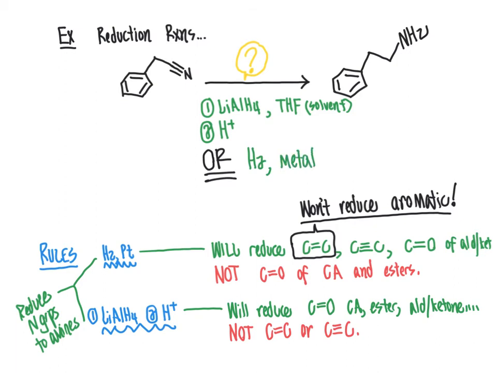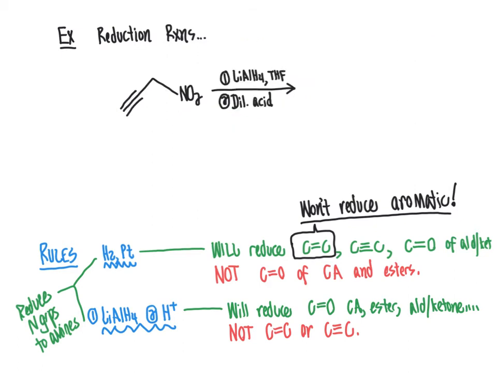Now, to continue to highlight these reduction reactions, we'll do another example. In this reaction, we will take this molecule and react it with lithium aluminum hydride followed by dilute acid, recognizing that lithium aluminum hydride is a reducing agent that selectively reduces nitro groups and all types of carbonyl groups, but not alkene or alkyne groups, we acknowledge that to get this problem right, we need to leave the triple bond in place and reduce the NO2 group by replacing the oxygen atoms there with hydrogen.